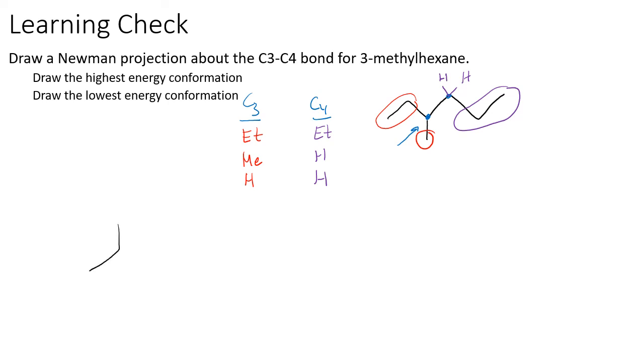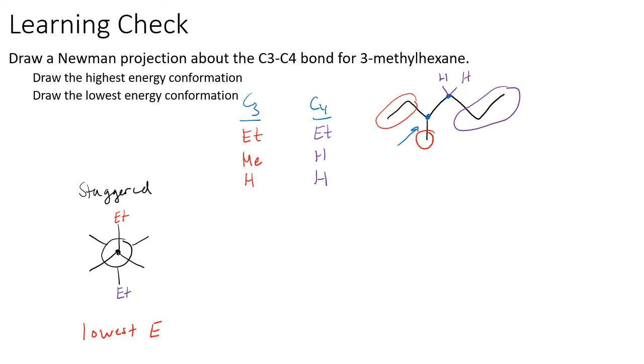So starting off, we're going to draw our lowest energy conformation, which is our staggered. And in this one, if we want it to be lowest energy, that means most stable, we want to put our 2 bulky ethyl groups as far apart as they can be. So the front carbon's ethyl has to be across from the back carbon's ethyl. Those are anti to one another.